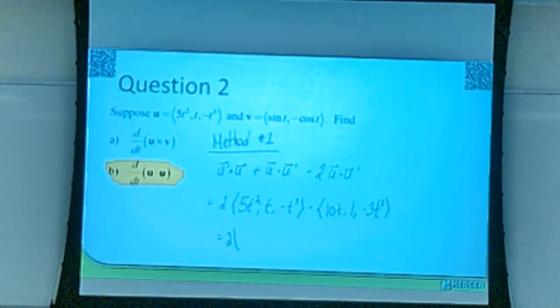Now take the dot product, what do you get? What is their dot product?